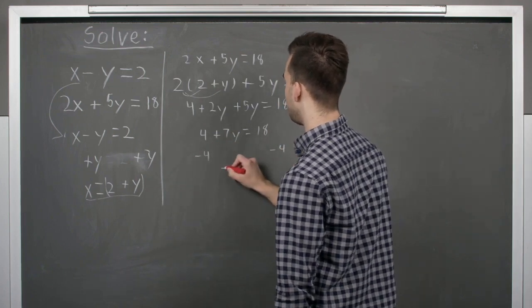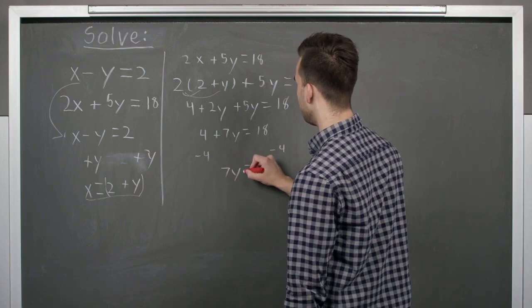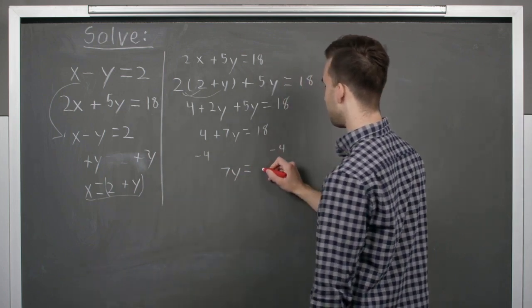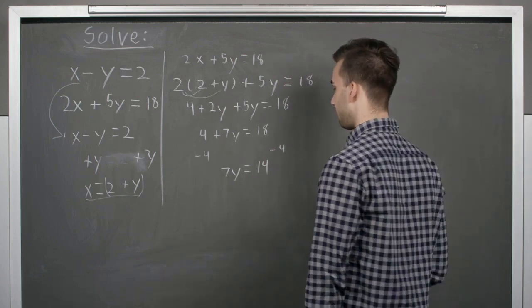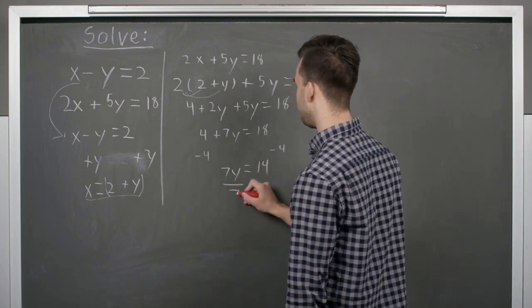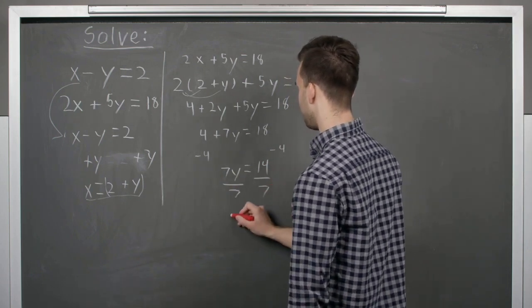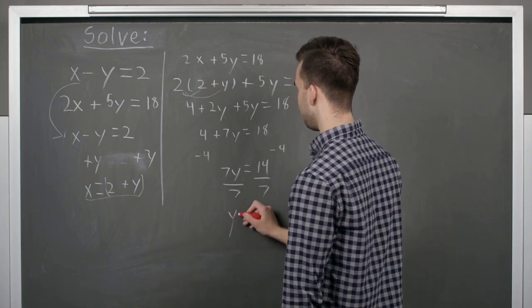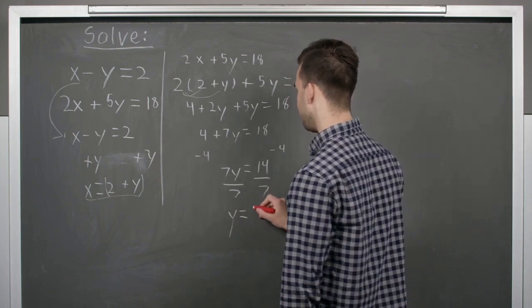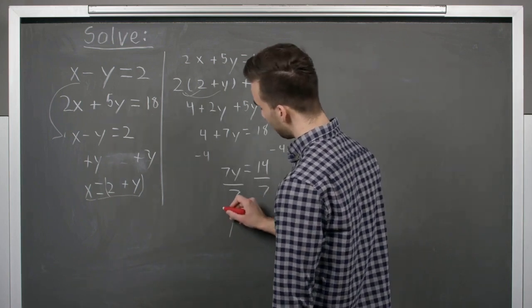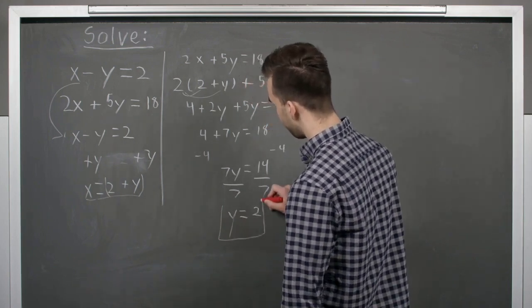So we have 7y is equal to 18 minus 4, which gives us 14. And then we want to keep solving for y. Let's divide both sides by 7. So 7 divided by 7 is 1. y is equal to 14 divided by 7, which is 2. So this is our solution for y.